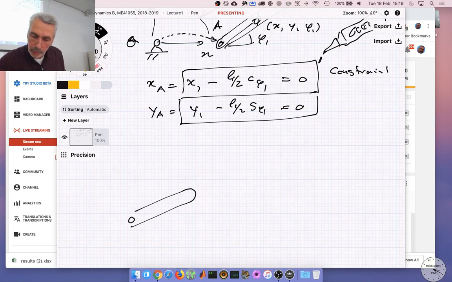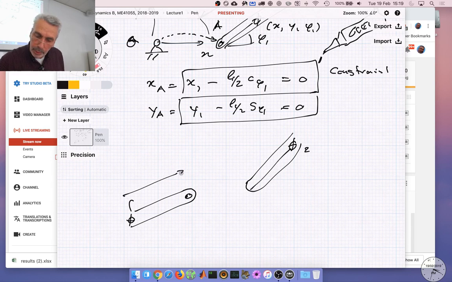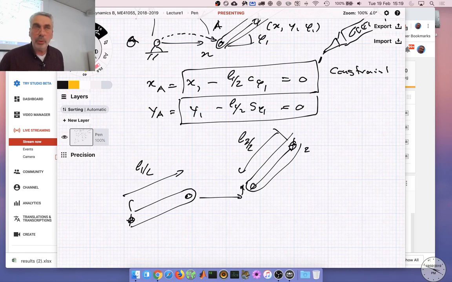The two parts: this was body 1 at point B, and this was body 2 at point B. So this is L1 over 2, and this distance is of course L2 over 2. Again, we want to express that this distance and this distance should be 0.